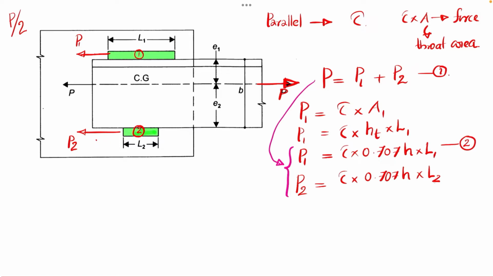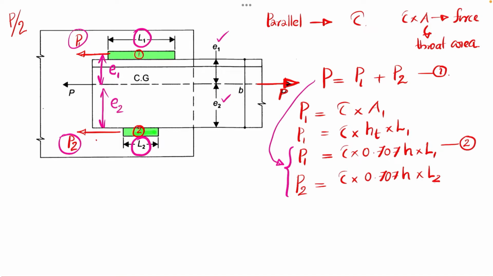And another equation I need: if L1 and L2 are the unknowns, I will be needing two equations for solving that. So another equation is, I already mentioned that along the CG, the moment produced by this load P1 and P2 are 0. That means here P1 is at a distance of E1 from the CG, that is given here, and E2 is the another distance.